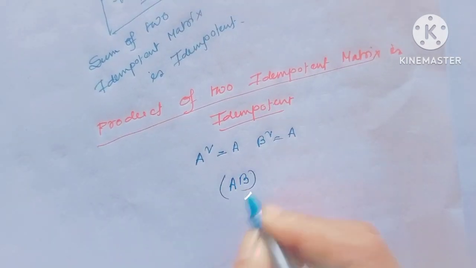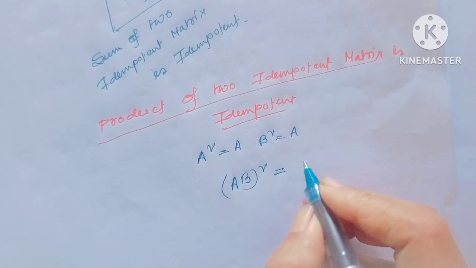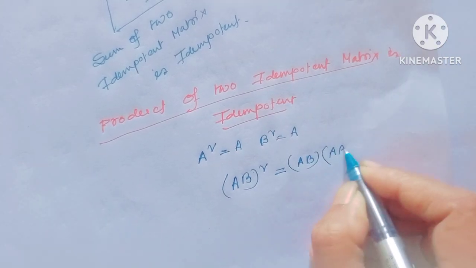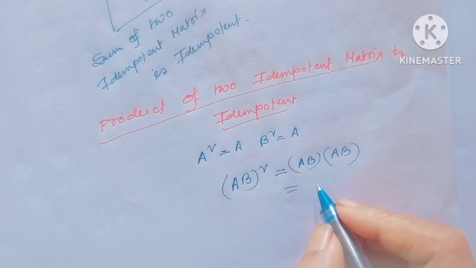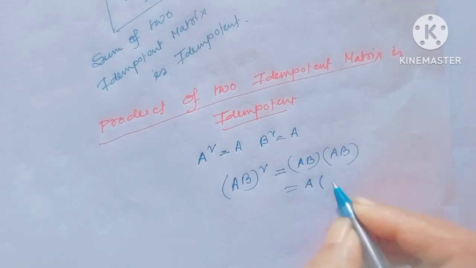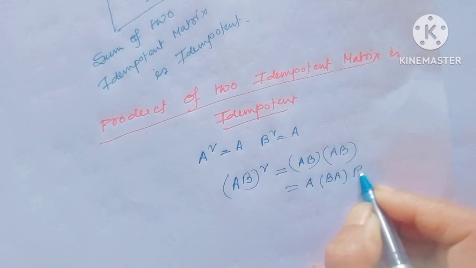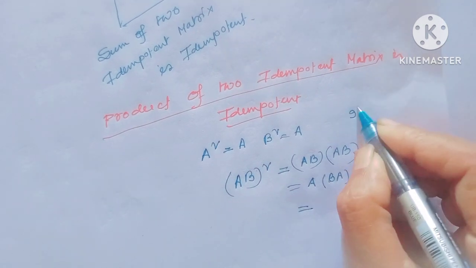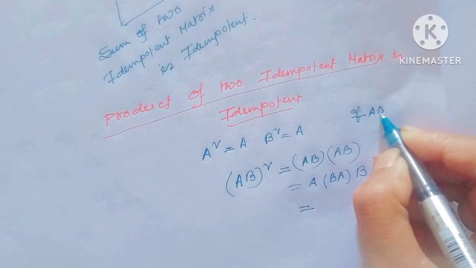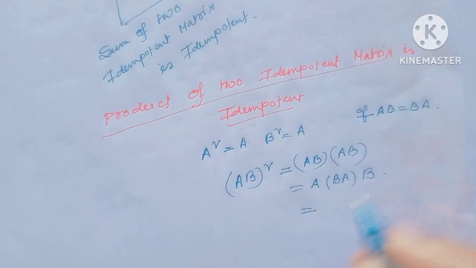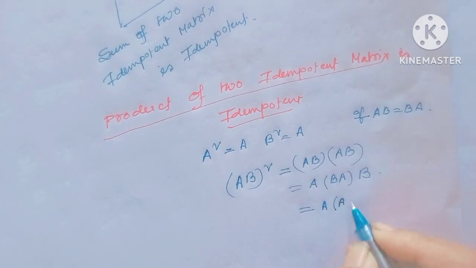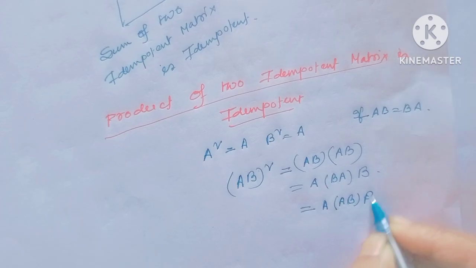(AB) whole square we can write as AB times AB, which by the associative law is A times BA times B. If AB equals BA, then we can write BA as AB.